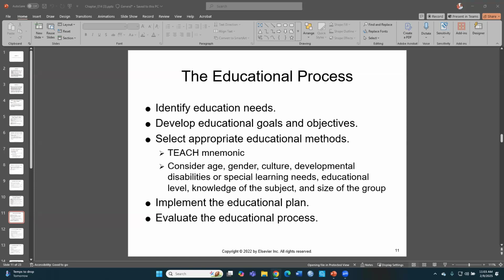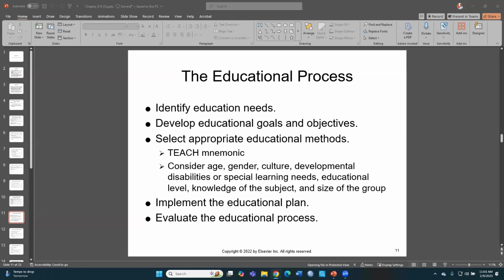And then anytime we provide education, we should provide it in multiple ways. If you're going to go in and discuss a subject, make sure that there are pamphlets or handouts that are appropriate to what the education is that you are providing.